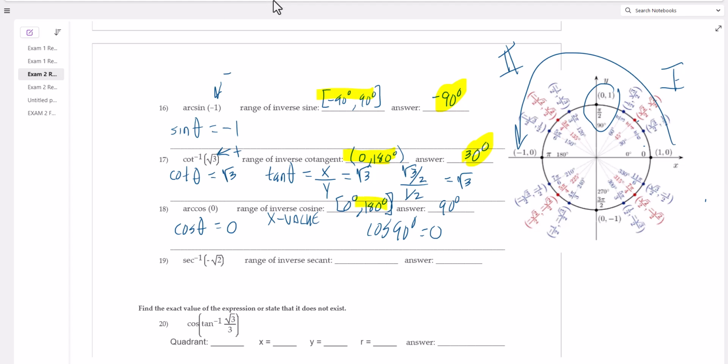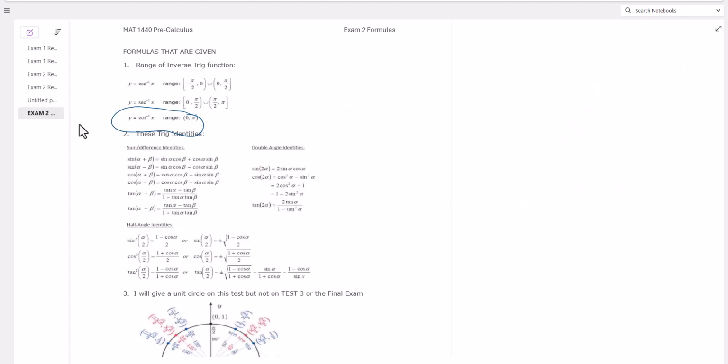Okay, and one last one here. Again, on the secant, if you look at this formula sheet here, the inverse secant is really just like the cosine, except you eliminate the pi over 2. So this one is going to work out like this.